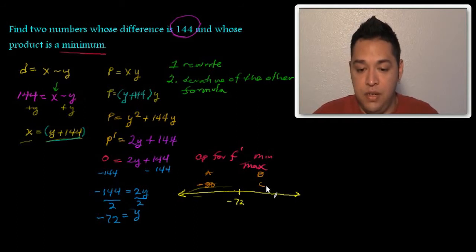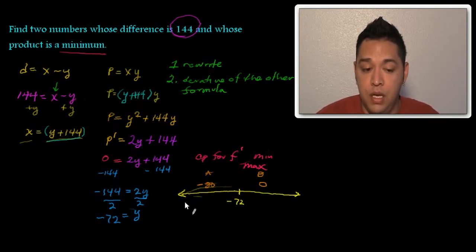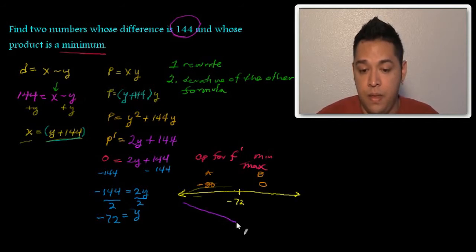That would be easier. 0 would be over here. And those two numbers go into my first derivative. If I plug in a negative 80 here, negative 80 times 2 is going to be larger than 144, and since it's negative, this is going to be negative. So I'm going to be decreasing from here to here.